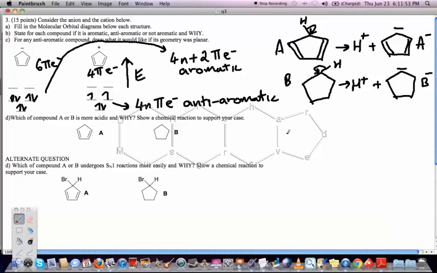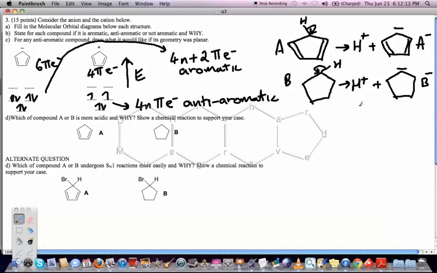Right, so the first thing that we need to do when we're comparing acidities is draw diagrams that show H plus and whatever anion we get as well. The next step is to look at the anions and ask ourselves which one of those is more stable. Well, it turns out we already have information about this one. We already found out that it was aromatic.